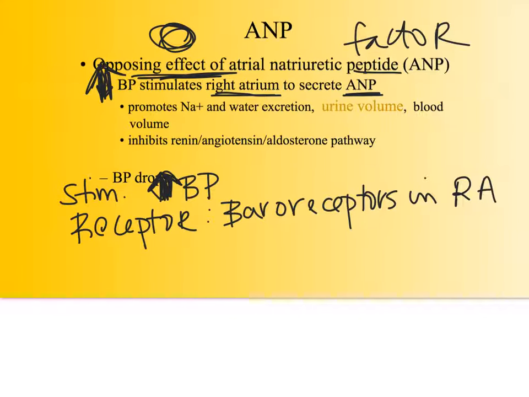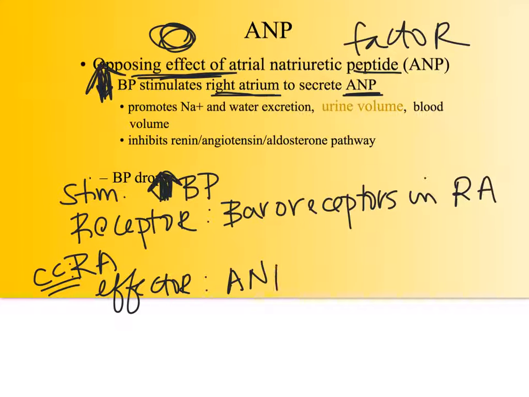So opposing effects. The stimulus is an increase in blood pressure. Baroreceptors in the right atrium detect the increase in stretch. The right atrium is the control center, and it releases the effector, which is the hormone. So it releases A and F.